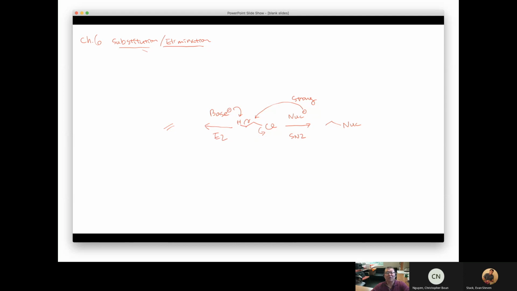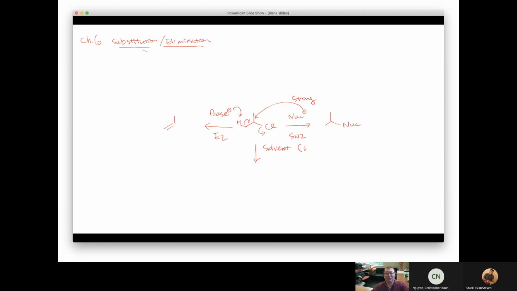At that time, we also talked about another mechanism, and maybe I should use a secondary halide, since primaries are not really good subjects for the E1 elimination reaction. What I'm trying to describe is E1 and SN1. In E1 and SN1 there's a solvent, and typically the solvent is not something you would consider a strong nucleophile or strong base.